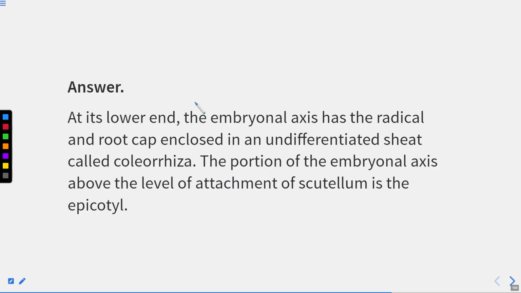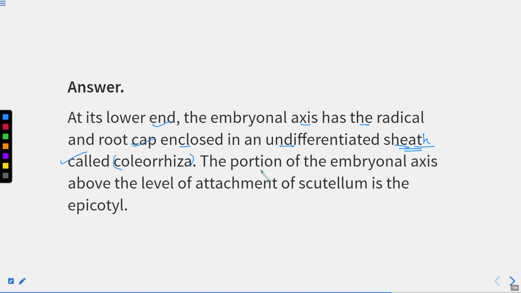At the lower end, the embryonal axis has the radicle and root cap enclosed in an undifferentiated sheath known as the coleorhiza. Coleorhiza is a sheath that protects the radicle, the root cap, and the root apical meristem.